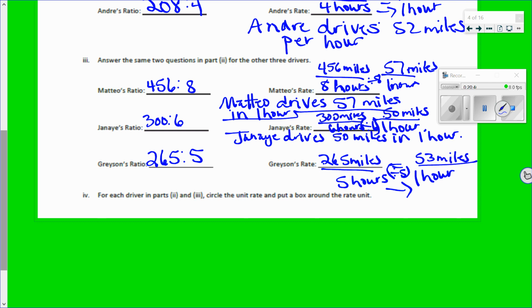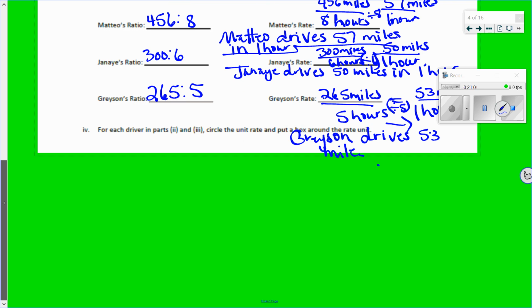Okay. So Grayson drives 53 miles per hour.